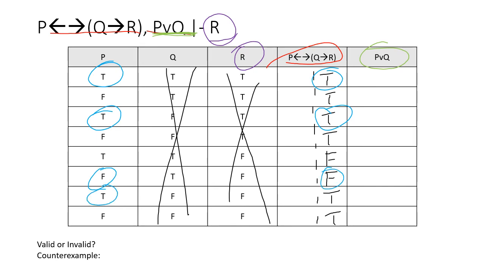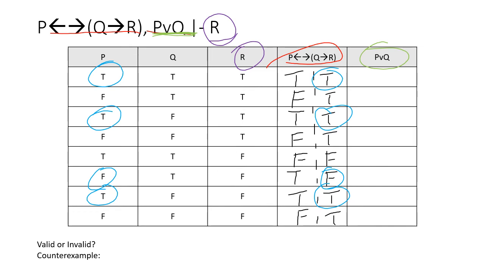And they are both true here. So in all those instances, it's going to be true. And in all the other instances where they don't match, where one of them's false and the other one is true, it's going to be false. And so now we can erase this column here.